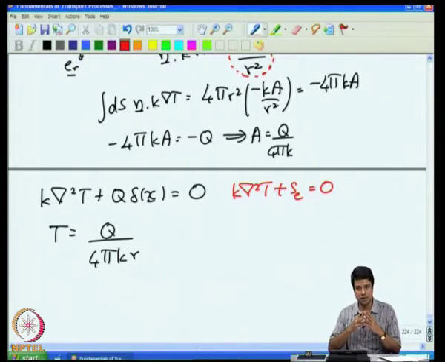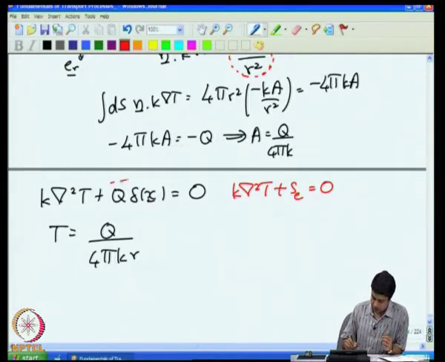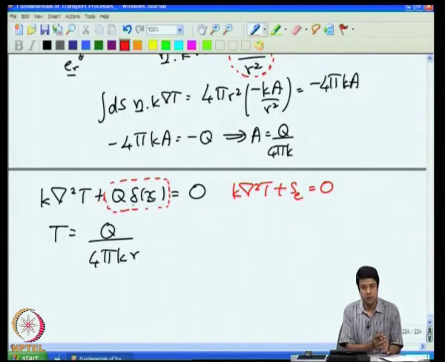In this case, Q is the total heat generated. Delta has dimensions of 1 over volume. Therefore, Q times delta has dimensions of heat generated per unit volume per unit time, which is the same as the dimension of S E, that is the source of heat. So, with this definition, I get a solution for a point source.